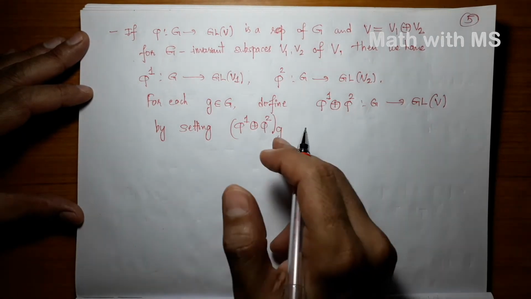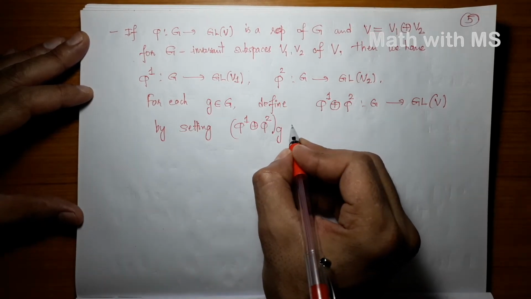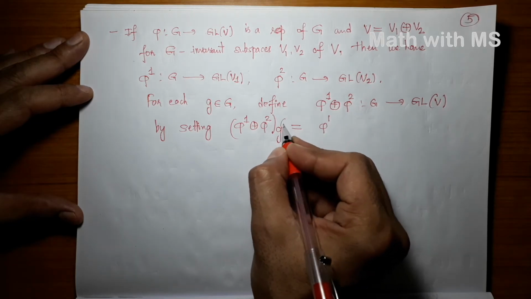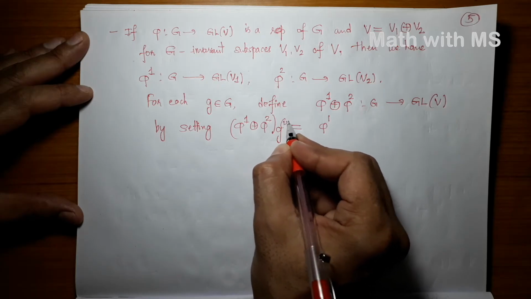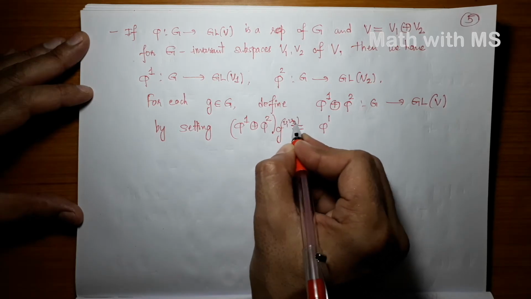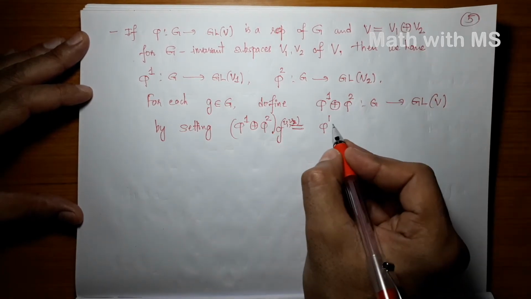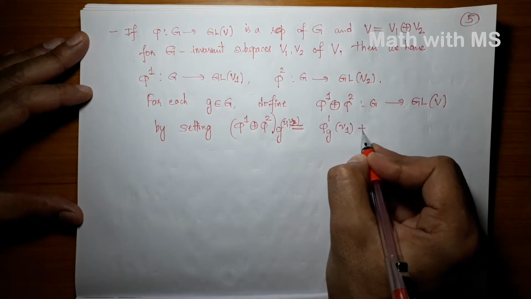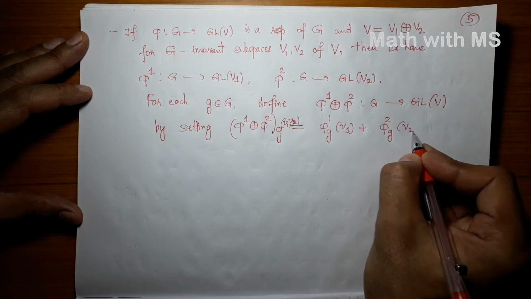It has to be an invertible linear transformation of this vector space V. We define it acting on vectors v1 plus v2, since any element of V1 direct sum V2 can be written uniquely in this form, as phi 1 g acting on v1 plus phi 2 g acting on v2.